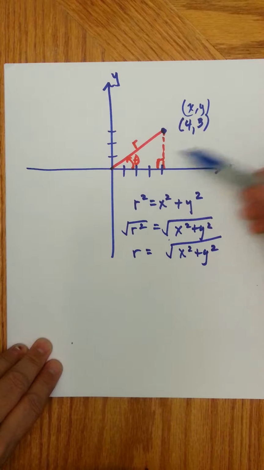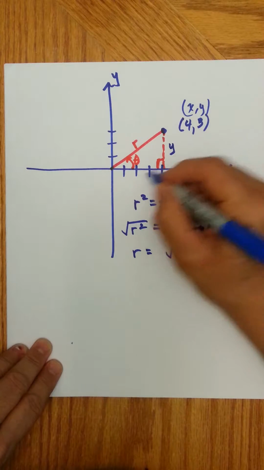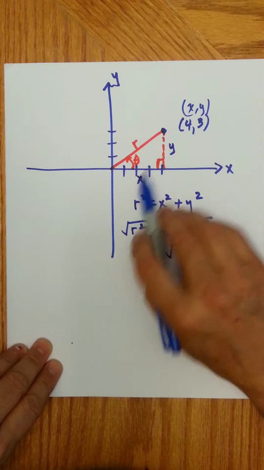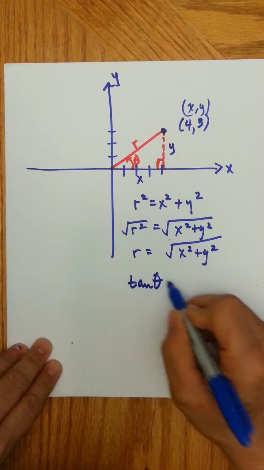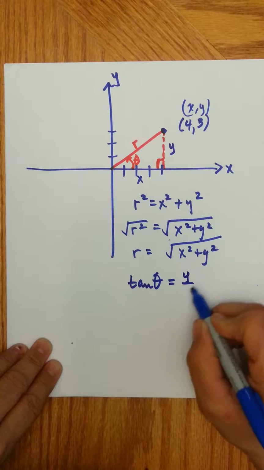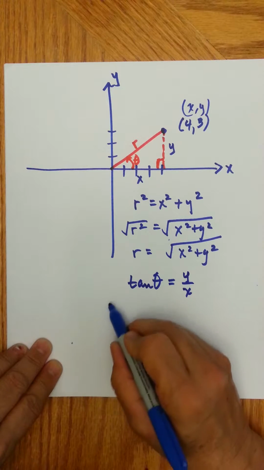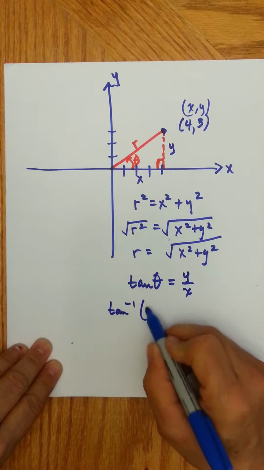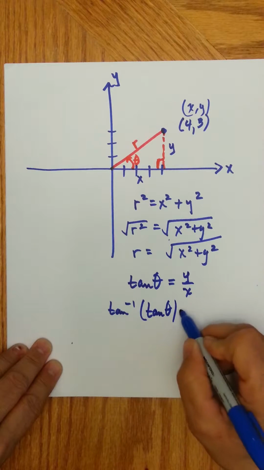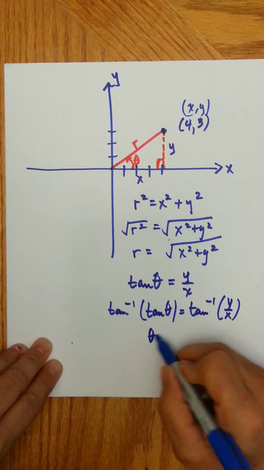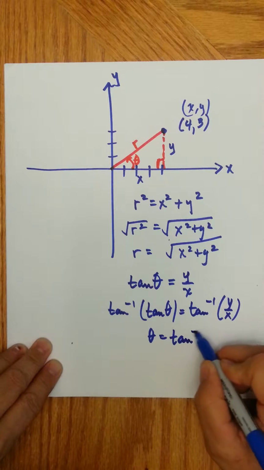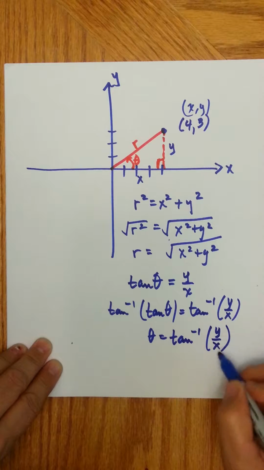And if I want to know theta, since I know y and x, and that's what I'm given, I can use tangent. So I can say the tangent of an angle, theta, is the y over the x. And so then when I take the inverse tangent of both sides, right, then theta is the inverse tangent of the ratio y over x.